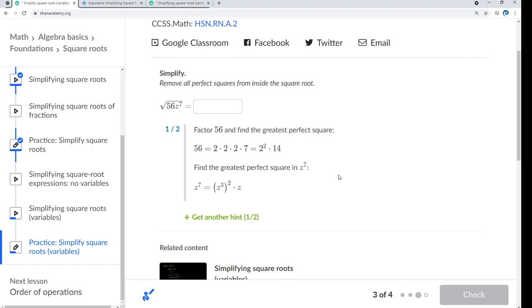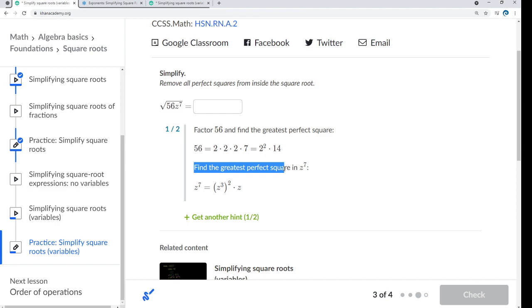Okay, so we can figure that out. 56 is 2 times 2 times 2 to the 7th, equal to 2 squared times 14. That goes back to what was said, where he keeps it as 2 to the second power and then does the multiplication. So it's 2 to the second power times 14.